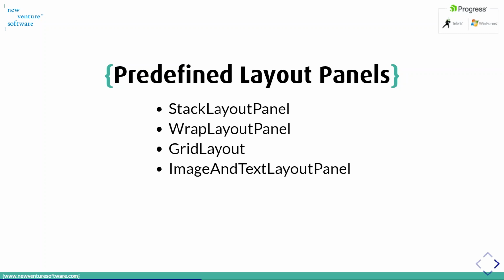And yeah, it's a very powerful and used layout panel. And then we have some other layout panels that are not very used, like the box layout and the dock layout. And the dock layout is similar to what we have in WinForms, that you can dock content to the top, to the left, or just fill.